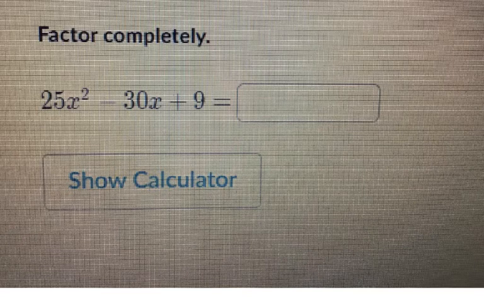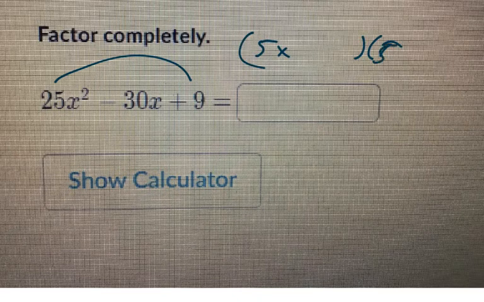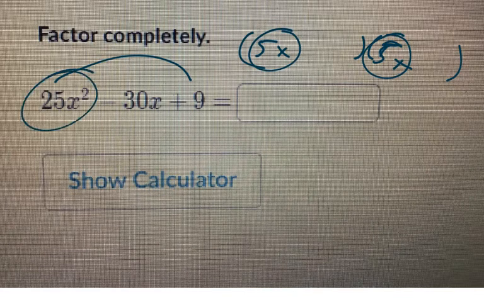Now, 25 times 9 is a really huge number, guys. What is it, like 225 or something like that? And so I'm going to actually factor this one a different way. See if you like it. I know, for example, that if I do 5x times 5x, that's 25x squared. Got that covered. 9 is 3 times 3.